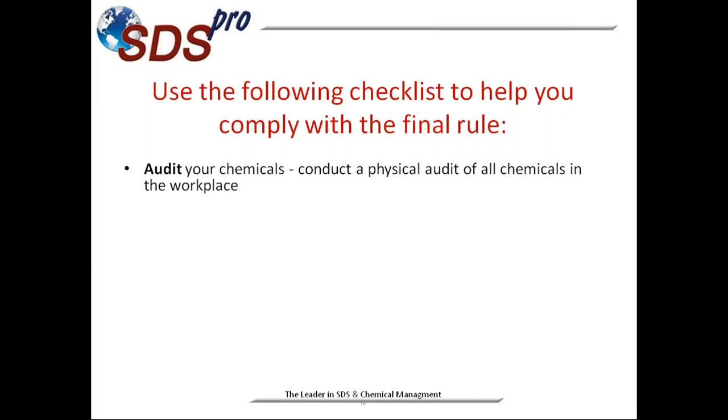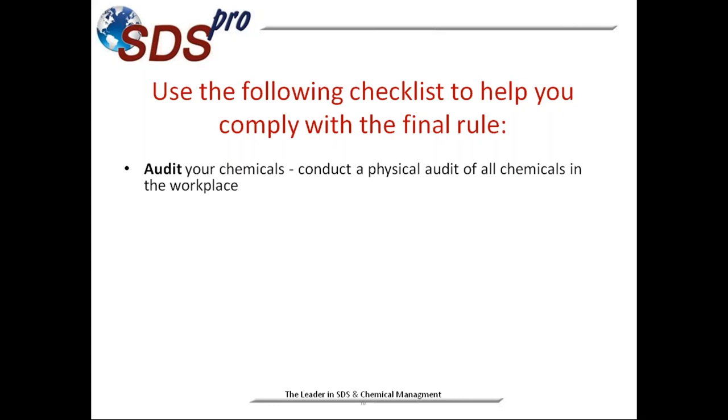to get an accurate inventory, you need to audit your chemicals, conduct a physical audit of all your chemicals in the workplace. A lot of times, talking with customers, they inherited a job and they come into a job with a binder that's sitting there, and or an inventory list, and that inventory list is probably passed on from another go-getter at some point.